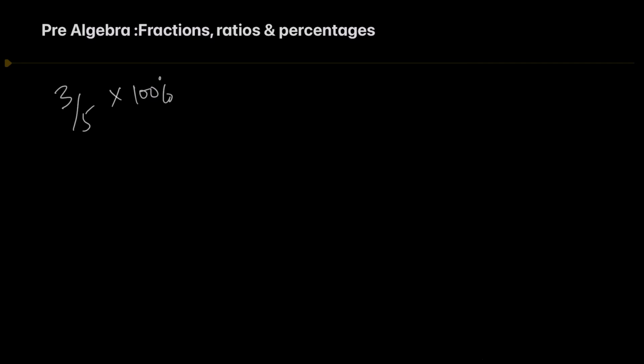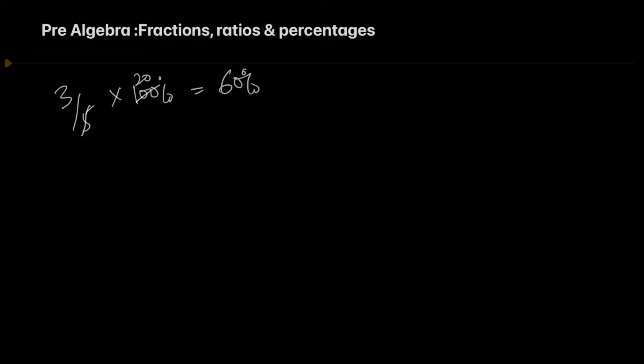Now, why are we multiplying it by 100%? 100% stands for a full case. So a full case is 100%. I will explain this a bit better in a while. So here you divide 100 by 5, which is 20, and then 20 times 3 gives you 60%.